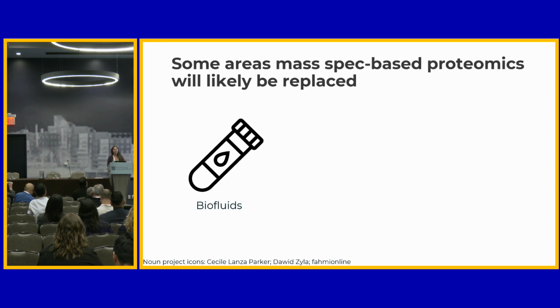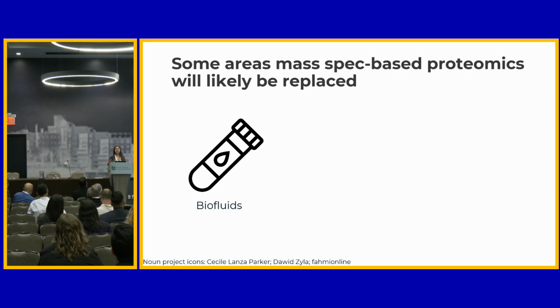Okay, so where are we going to be replaced? Biofluids. We're going to be replaced in biofluids. Throughput is the short version of that, right? Biofluids with mass spectrometry, we've got these great 96-well plate workups. People like Jenny Van Eyck over at Cedars-Sinai is running a fantastic biomarker discovery and validation core facility using mass spectrometry as a readout.